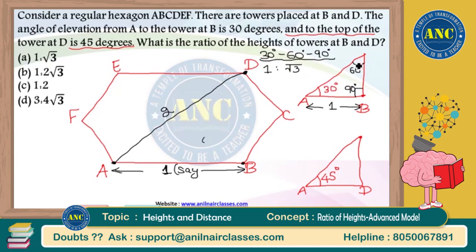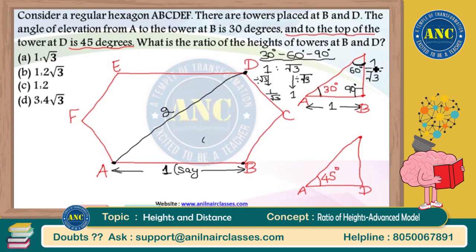But the side opposite to 60 here is 1. That means according to the question, √3 should become 1. √3 should become 1 means √3 divided by √3 is nothing but 1, so 1 also divided by √3. That means the side opposite to 30 should be 1 by √3.